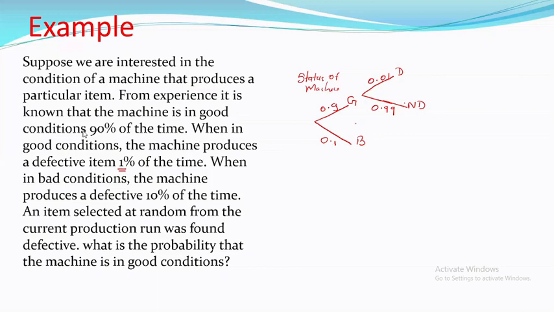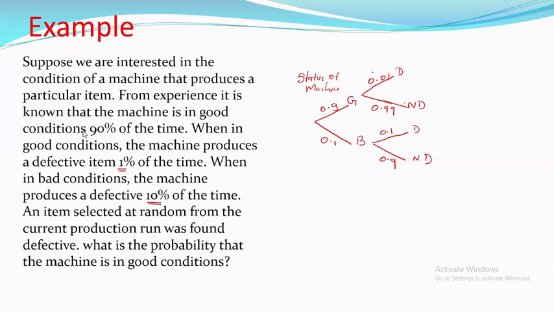When the machine is in good condition, the non-defective probability is 0.99. Similarly, when the machine is in bad condition, here also two possibilities, defective and non-defective. When in bad condition, it produces defectives 10% of the time, so 0.1, and non-defective 0.9.